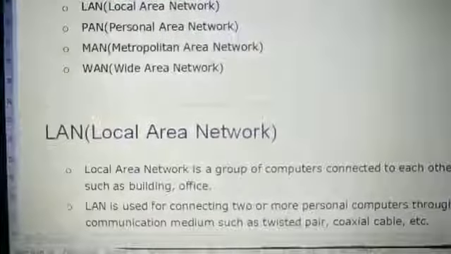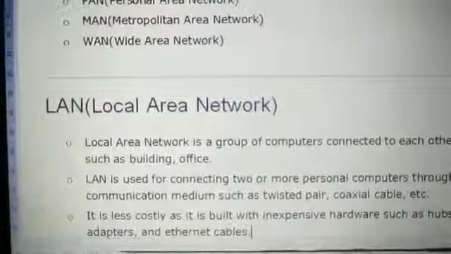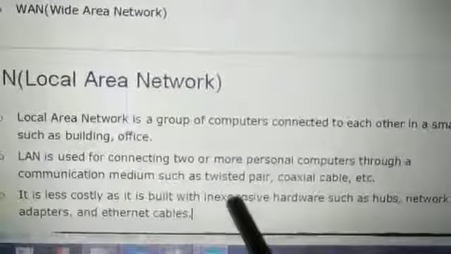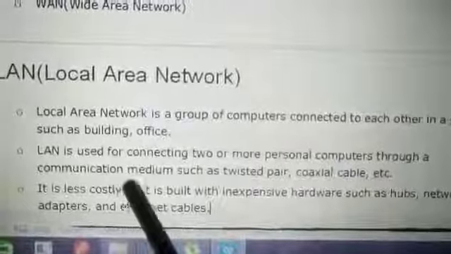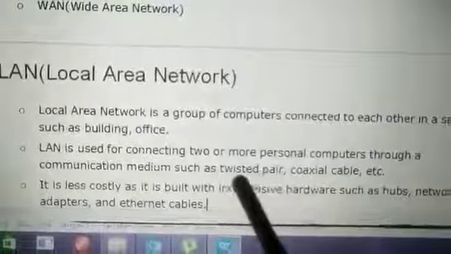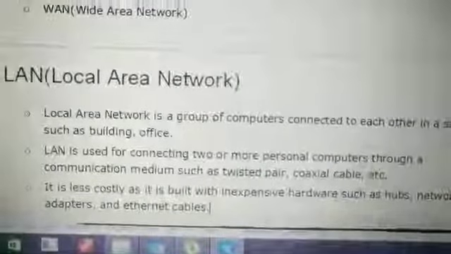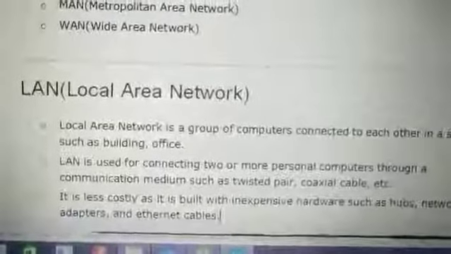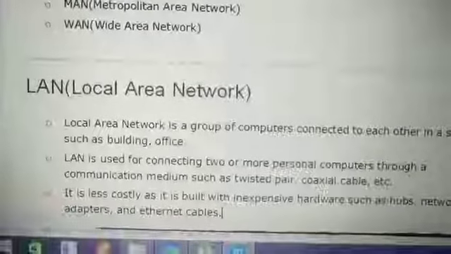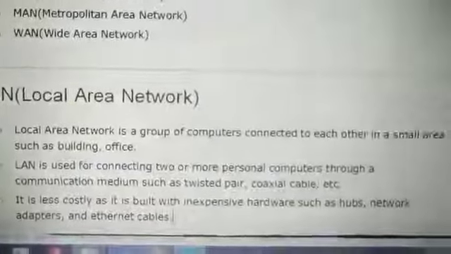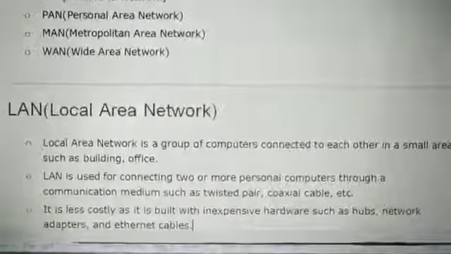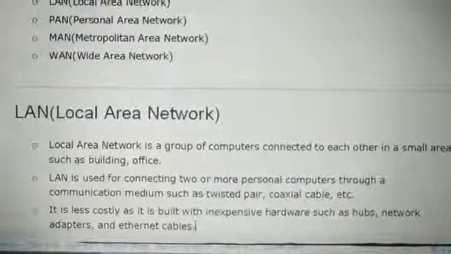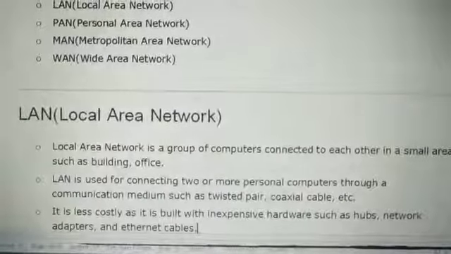The next point is that a LAN uses the connectivity of two or more personal computers through a communication medium such as twisted pair and coaxial cable. So this twisted pair or coaxial cable is a part of the media. What is media? Here we are talking about physical media.